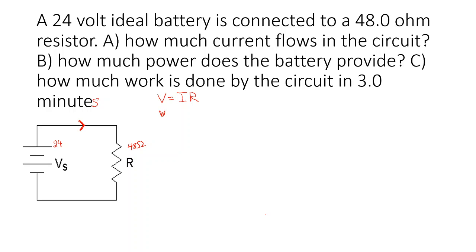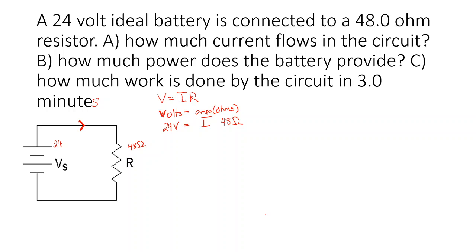It stands for volts equals amps times ohms. So in this particular case, we have a 24 volt power source and a 48 ohm resistor, and we'll need to calculate I, or the number of amps.